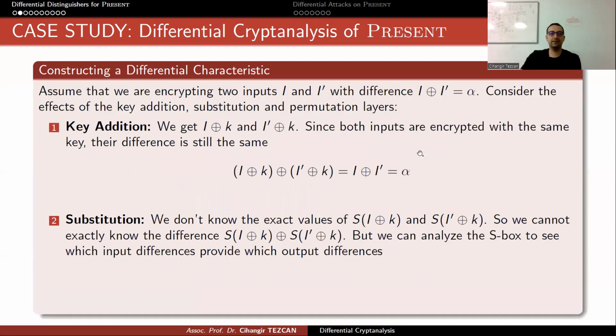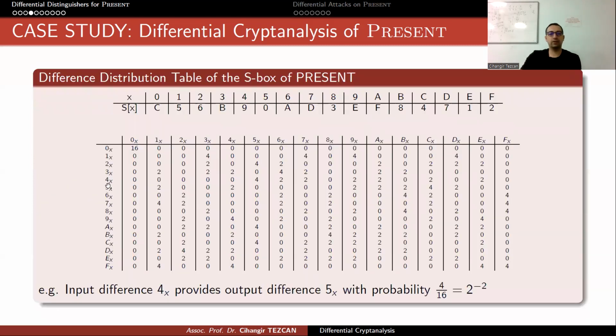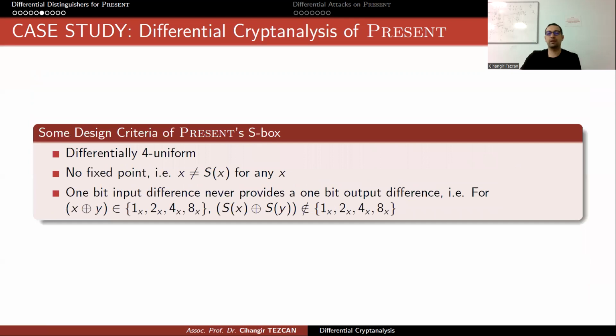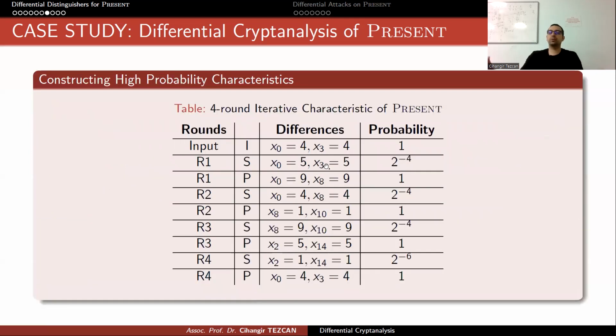If we go to the DDT table, it says that when your input difference is 4, the output difference is 5 in 4 out of 16 cases, which has probability 2 to the minus 2. So for a single S-box, with this probability, I observe the output 5 difference. But since we have 2 S-boxes, we are assuming that these are 2 independent events. So observing 5 output difference in both of the S-boxes has probability 2 to the minus 2 multiplied with 2 to the minus 2, which is 2 to the minus 4.